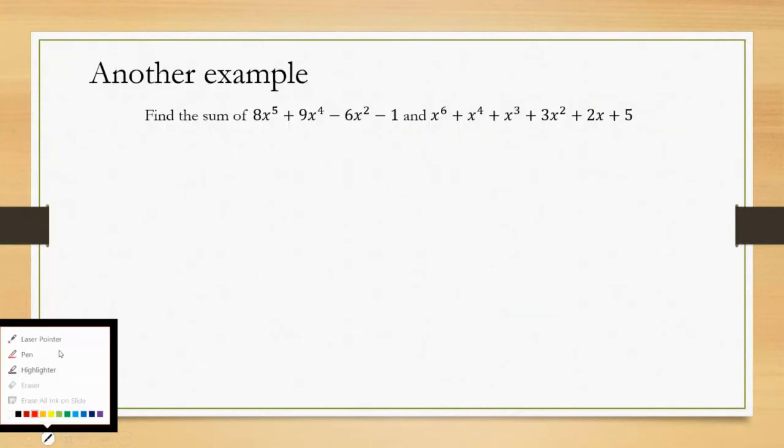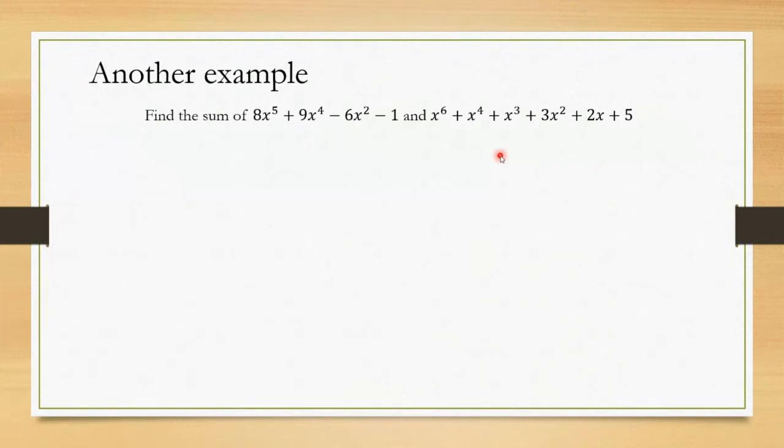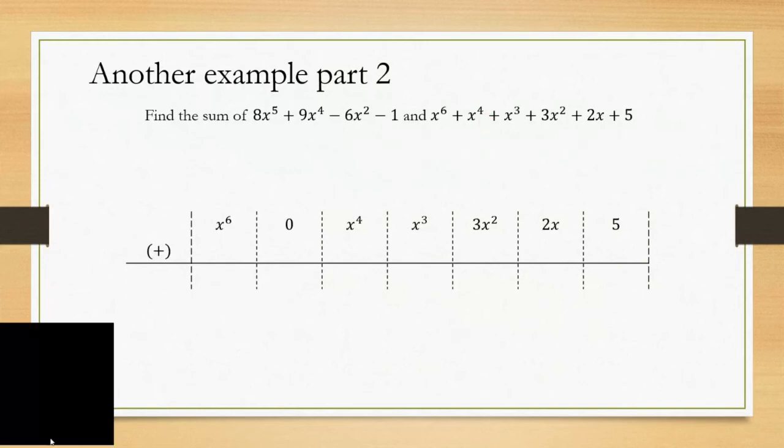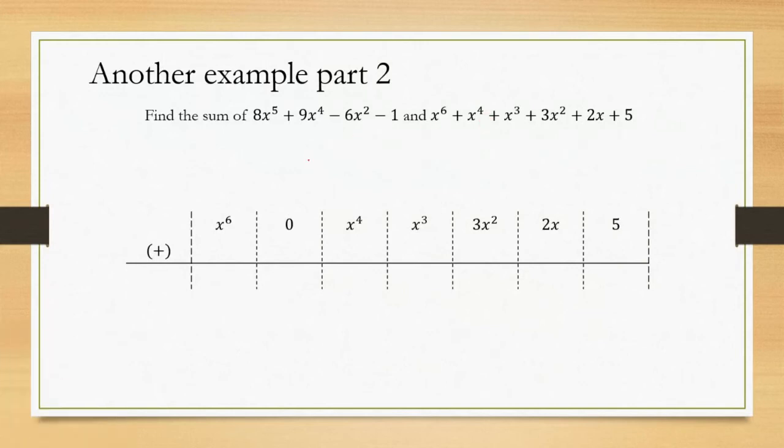We're going to add these two together. So again, what I'm going to use is the vertical method. Since we're adding, I'm taking this polynomial to be the one on top. Since we're adding, that's okay. So we have x to the 6th.